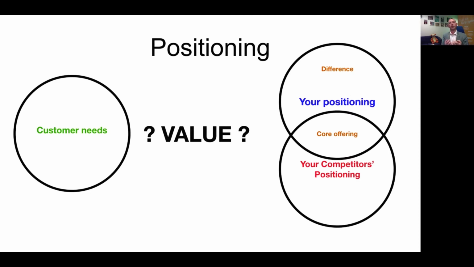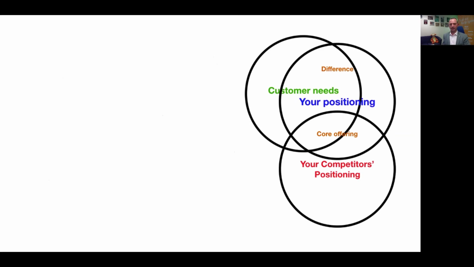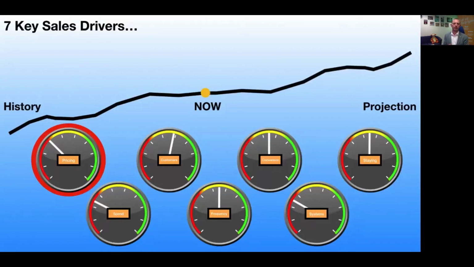Yes, there'll be the core offering overlap, but they'll be seen as different. And if their values and their needs match that of their customers' needs, then they're going to be much more likely to go to them, even if they're going to pay more. So by differentiating themselves, they're in a stronger position to be able to value price their services rather than competition price their services. So I'll share with you some more strategies on that very shortly, or show you where to get hold of some. So that's pricing.